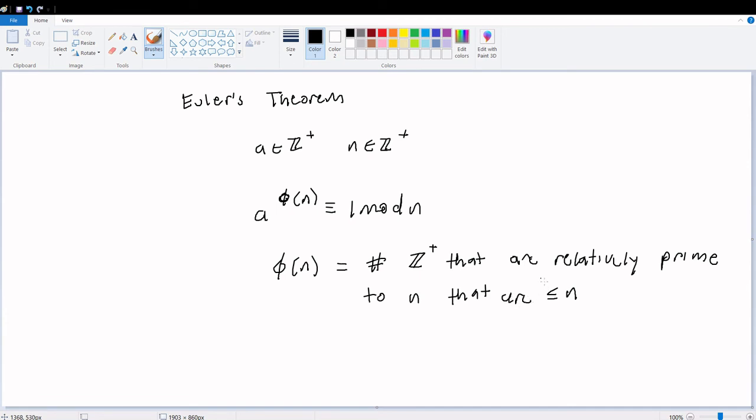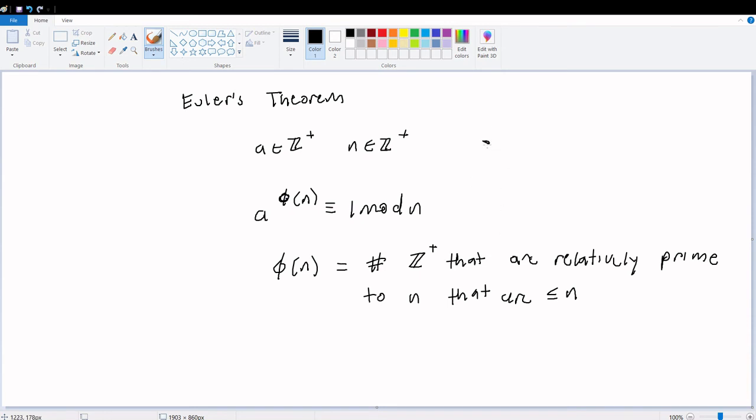So this is a lot more helpful. Or I shouldn't say that because again, I'm not trying to downplay Fermat's little theorem, but of course, being the more general form, we get more uses out of it. So you guys might be thinking, how do I calculate phi of n? I can't just count it every time, right?